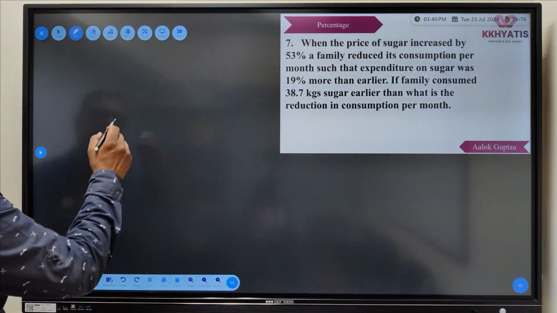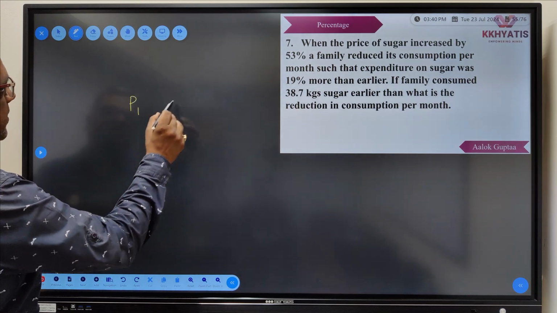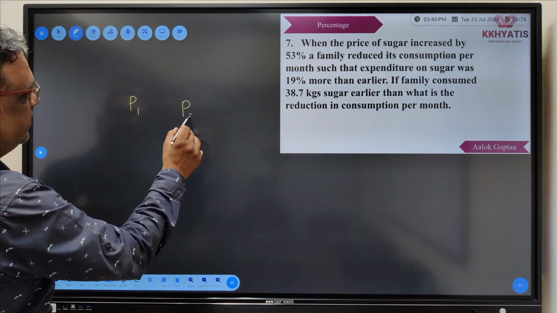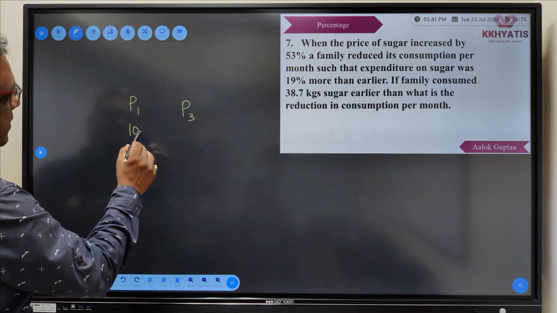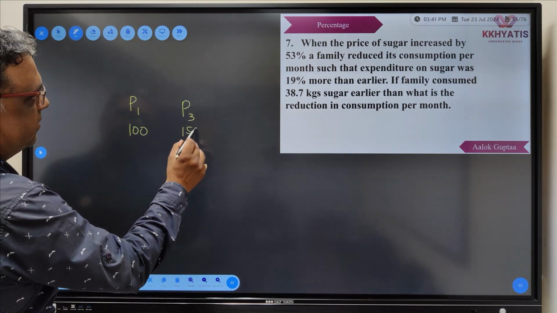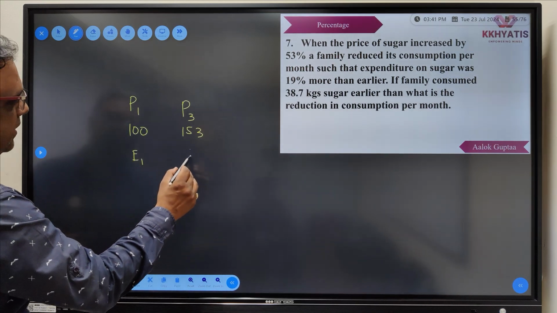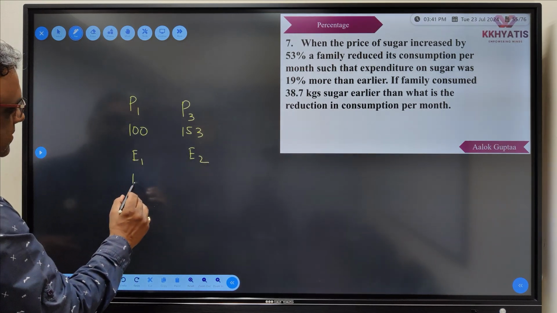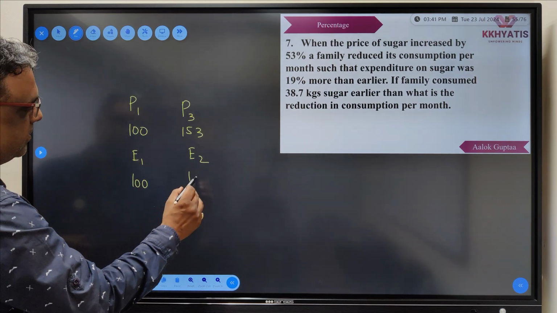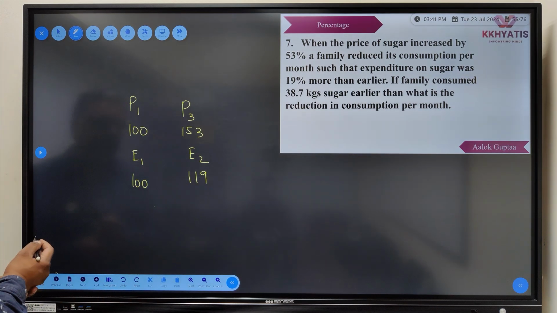So what they're saying, the price increased by 53%, which means if it was 100 earlier, it became 153. And expenditure increased by 19%, which means if it was 100 here, it became 119.